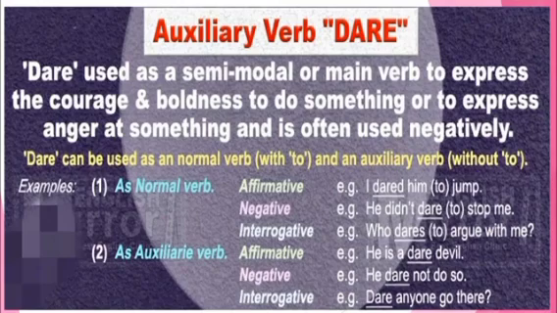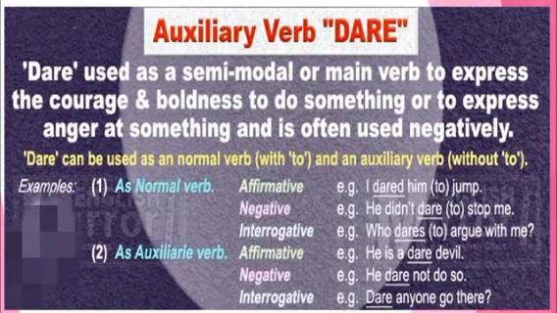Next, let's see as auxiliary verb. Affirmative sentence example is, he's a daredevil. Negative sentence example is, he dare not do so. Interrogative sentence example is, dare anyone go there?